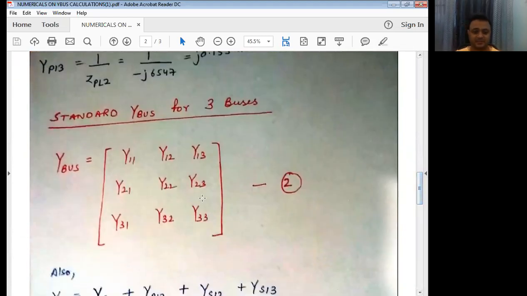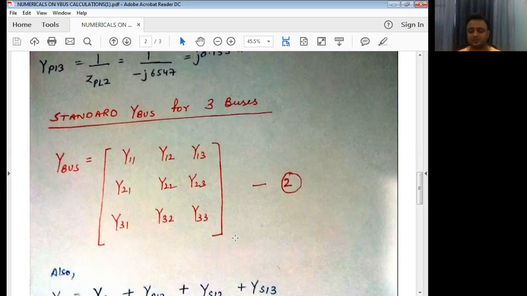calculate these values. Let us suppose there are three buses. So from the three buses, we have acknowledged earlier that it will be a 3 by 3 matrix, 3 rows, 3 columns. If there are four buses, then it will be a 4 by 4 matrix, 4 rows, 4 columns. If there are two buses, then it will be a 2 by 2 matrix, 2 rows, 2 columns.